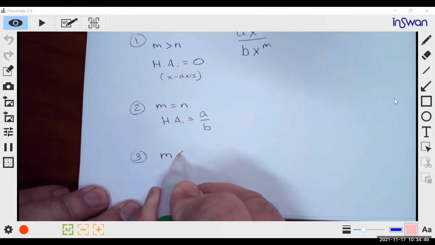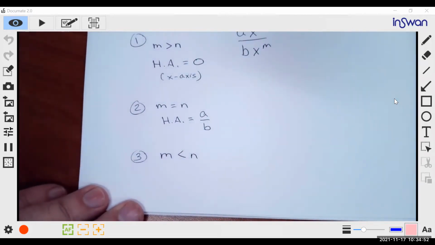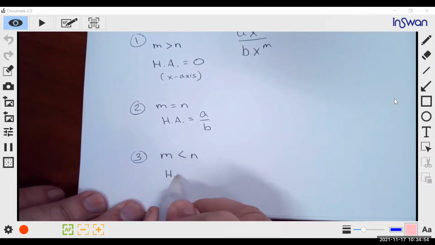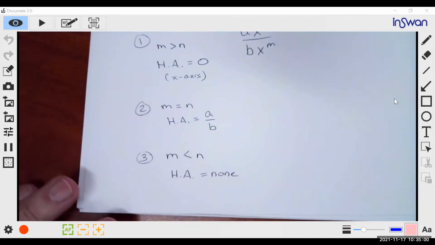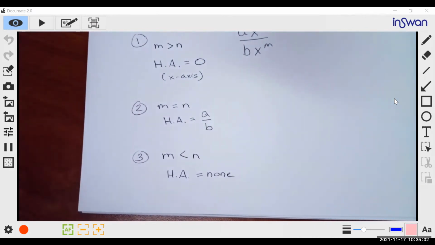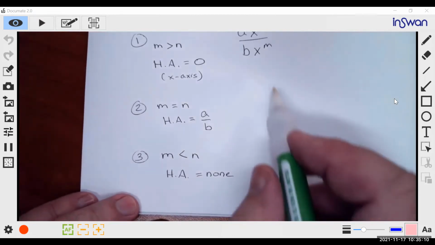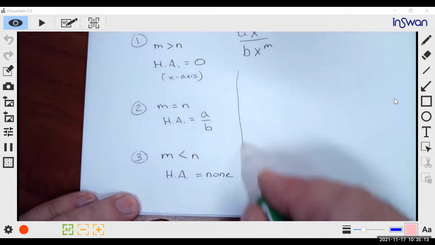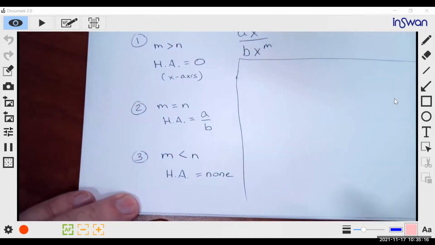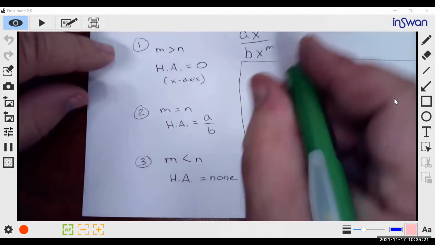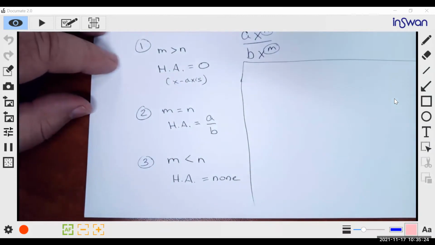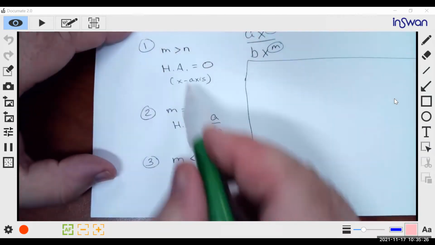And if the bottom is smaller than the top, there is no horizontal asymptote. So these are our rules. We have to look at the leading terms. Look at the exponents. That's all you're comparing here.